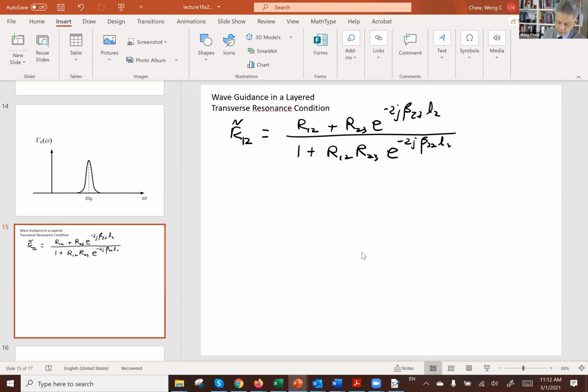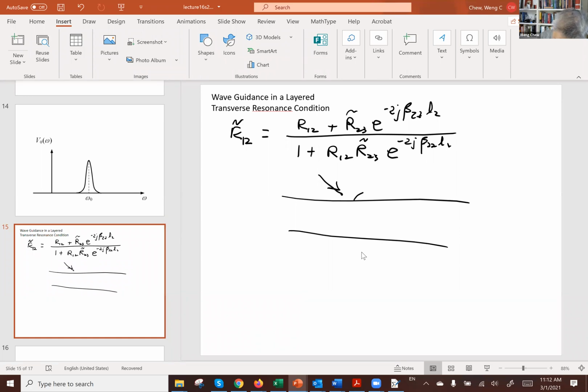How do we know that when we have this medium, okay, let's call this R23 tilde, that if you send in the wave here, R12 tilde is this generalized reflection coefficient. How do we know when we have a guided mode in this layered medium? We know when we have a guided mode when R12 tilde tends to infinity.